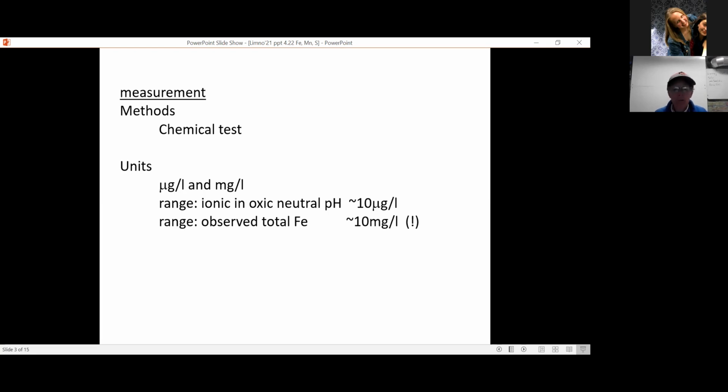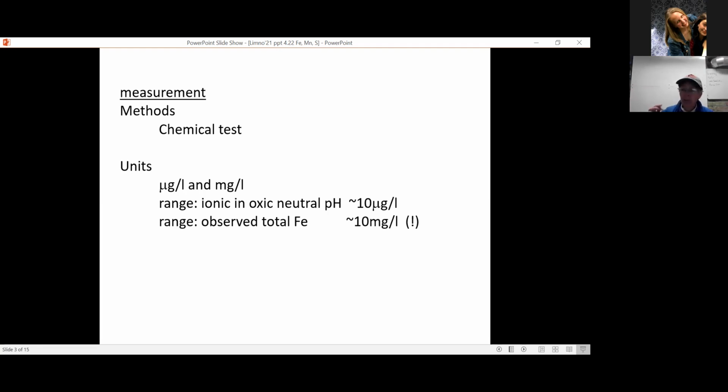And the number one reason is if you were to take a water sample, a liter of water near the surface of a lake, most of the iron is going to be in the organisms. Most of the iron will be in the phytoplankton. Some of it might be attached to other elements, like iron phosphate.